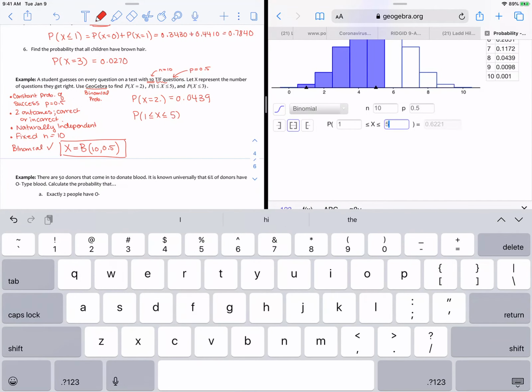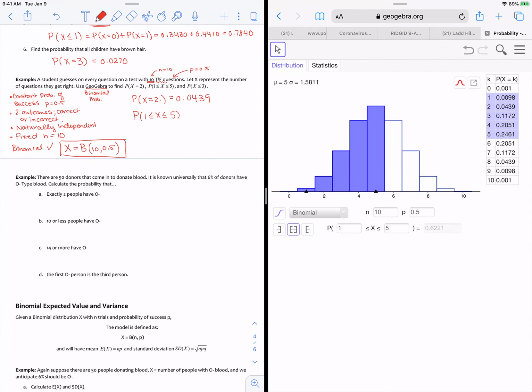I'm going to press enter just to make doubly sure. And the other way I can verify is that my formula at the bottom, the inequality, matches with what I want in terms of the right-hand table highlighting 1, 2, 3, 4, and 5, and also matching with the highlighted bars in the histogram.